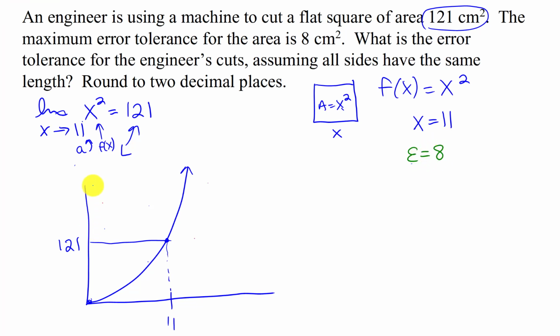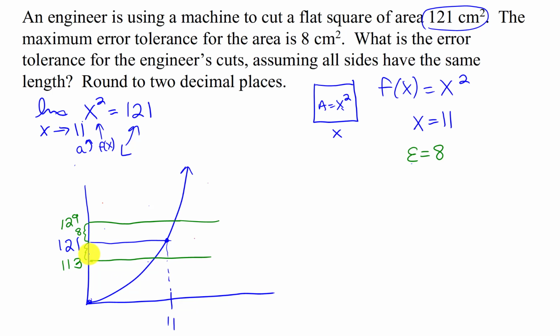So I'm going to spread this out so you can see it on the graph, so it's not to scale. But let's make 8 right here. This could be up as far as 8, which would be 129, or it could be down as far as 8, which would be 113, because either of those are epsilon away from 121.